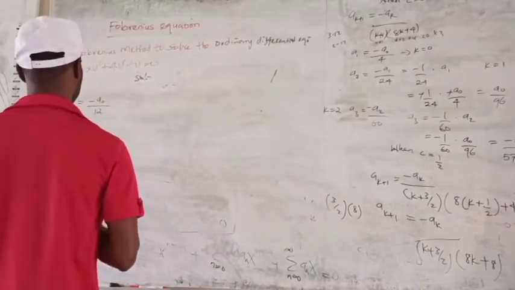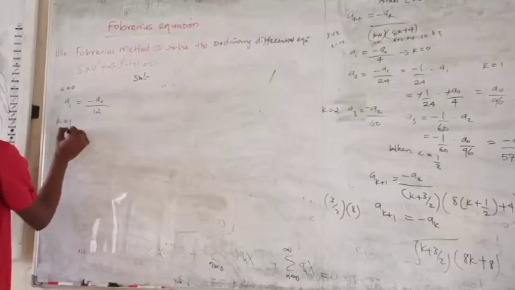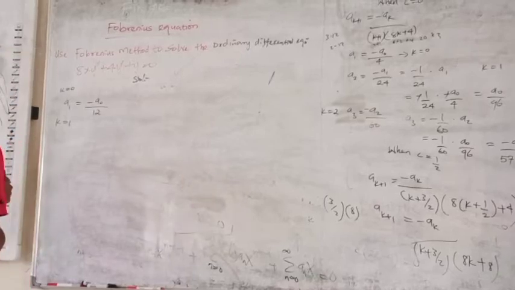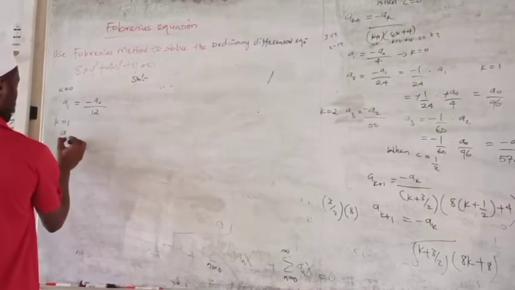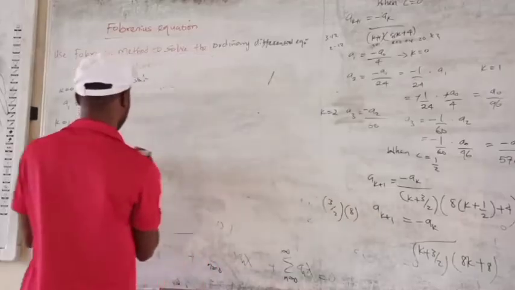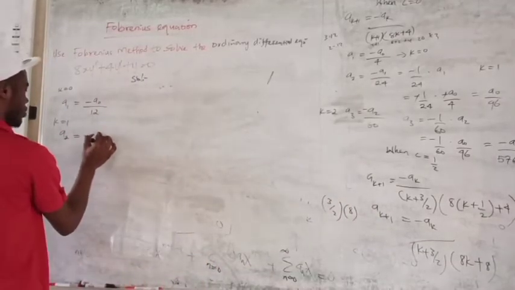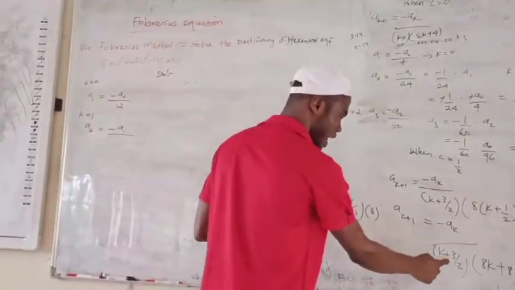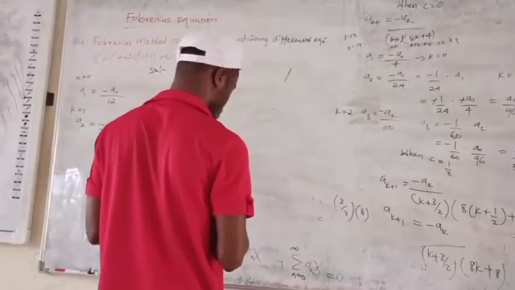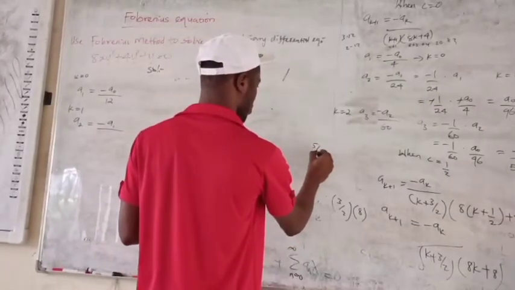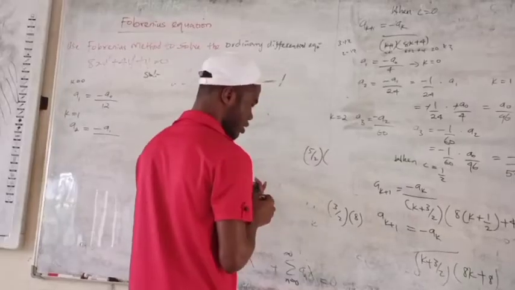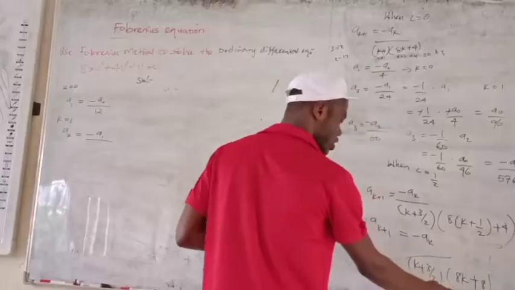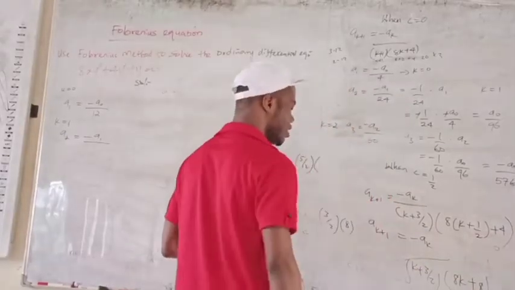Now, I'm going to do for when k is equal to 1. So if k is equal to 1, I have a subscript 1 plus 1, which is 2, equals minus a1 divided by, I know that my k here is 1, so I have 1 plus 3 over 2, which is 5 over 2, multiplied by 8 times 1, which is 8, plus 8, which is 16.